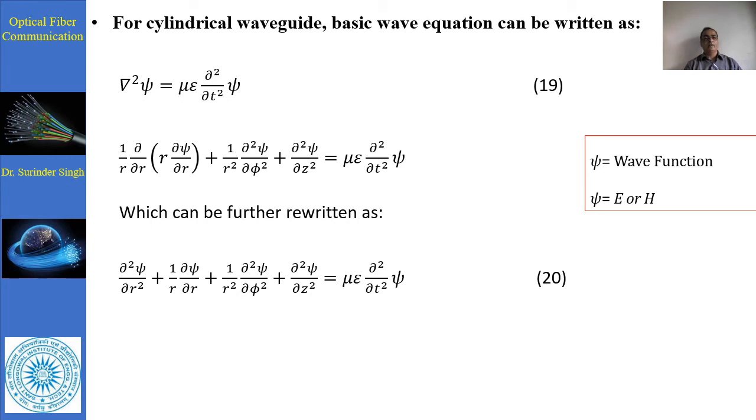Whenever we take del with some phi, then according to its vector, the value comes out like 1 upon r as the outside component, and r d upon d phi.